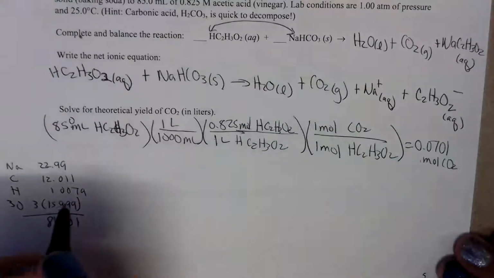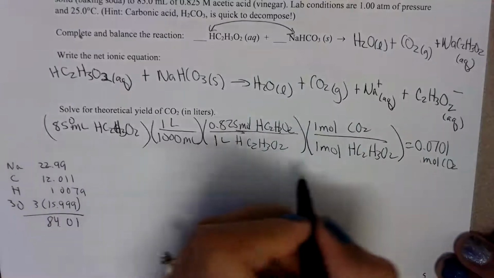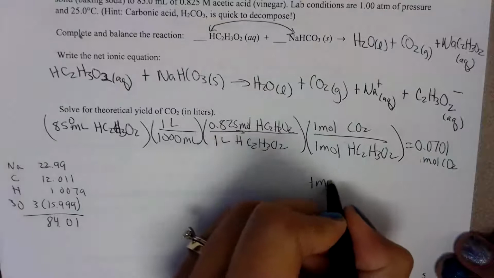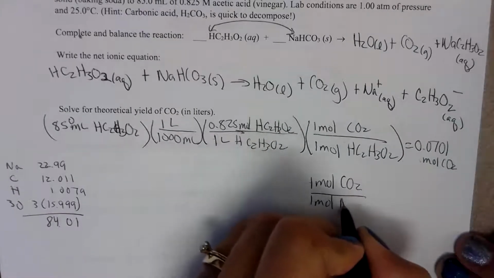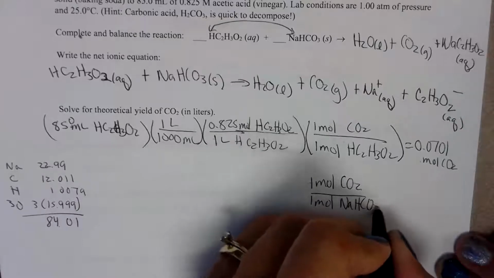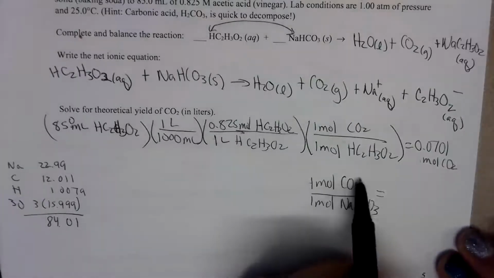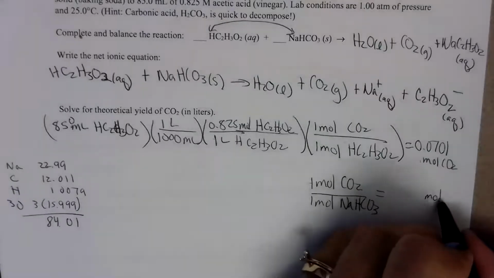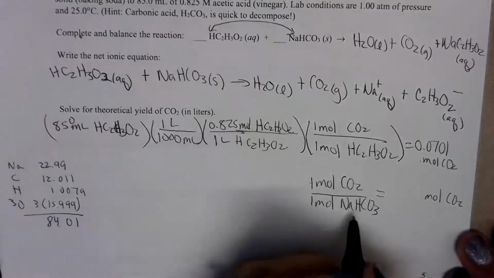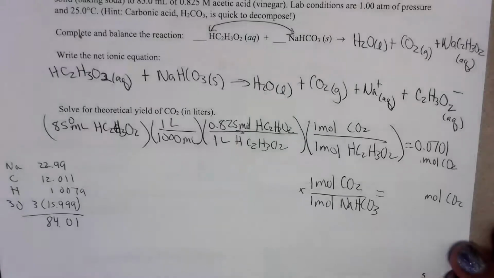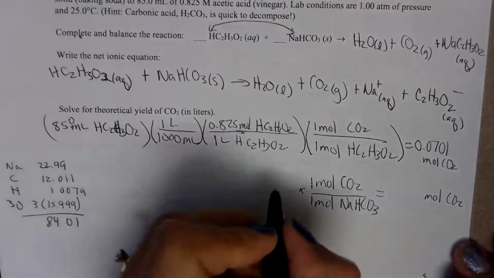Okay, so sodium bicarbonate. We again want to get to moles of CO2, so a lot of this back end stuff is going to stay the same. So we know we get 1 mole CO2 for every 1 mole of sodium bicarbonate. So this is a demonstration of working backwards because we want to get moles of CO2 on the top. So let's start there. Now I need something that's going to cancel out that moles of sodium bicarbonate. Since it's a solid, we can use the molar mass to get from moles to grams.